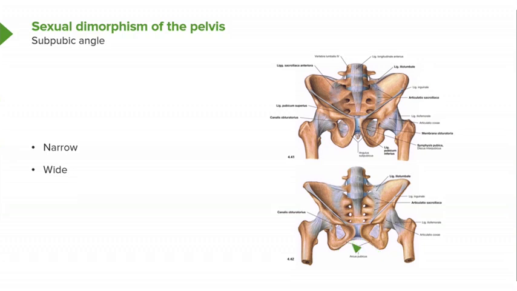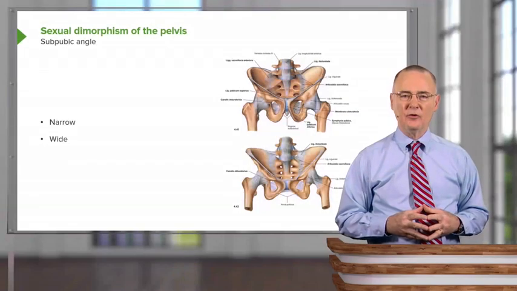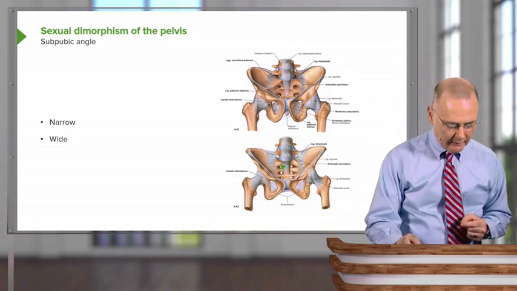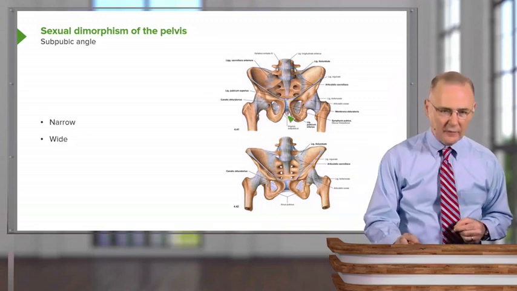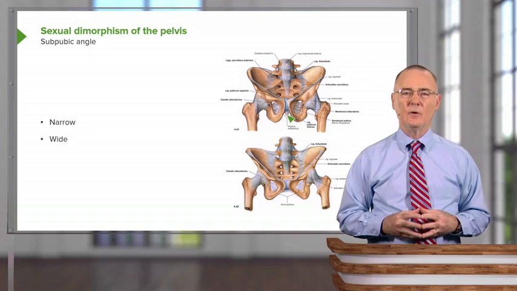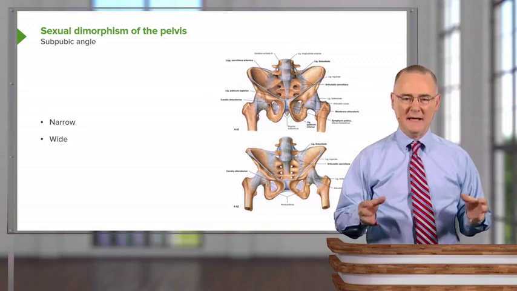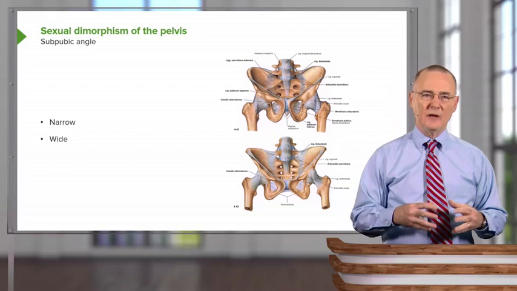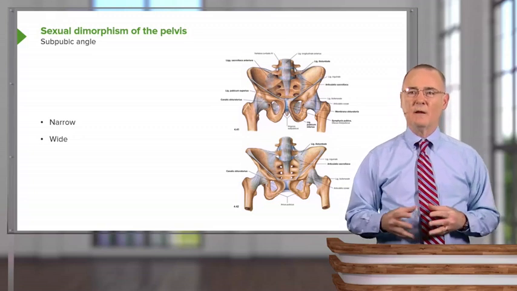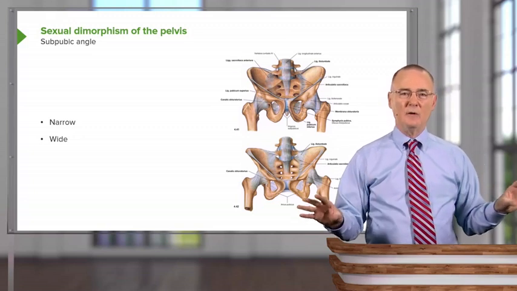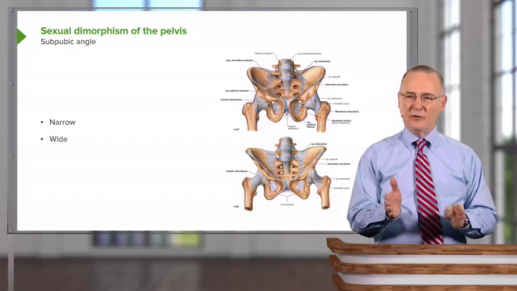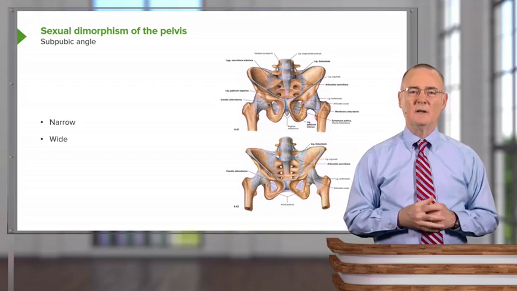The pelvis with the wider subpubic angle belongs to a woman, and then the subpubic angle that is narrow in appearance would belong to a man. However, the sexual dimorphism that we just went through is not always black and white. In some cases, those lines can become somewhat blurred.